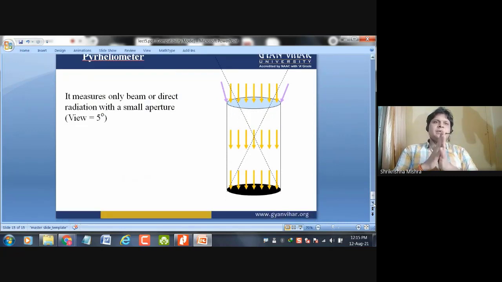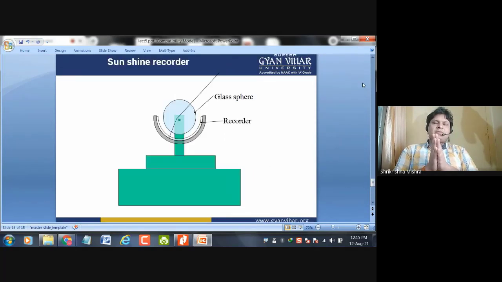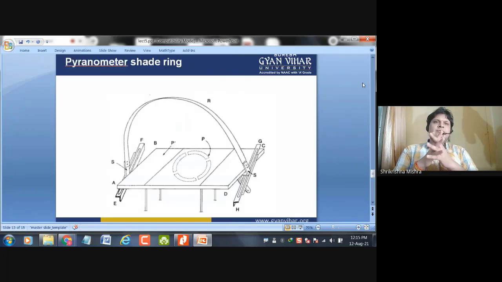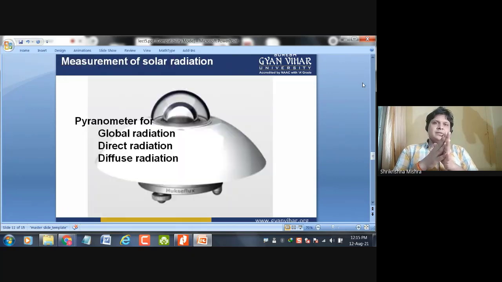Now moving further, students, these were the different types of instruments. I hope you have understood. One was your pyranometer, second is your pyrheliometer, and third is your sunshine recorder. As I have told you, this is the actual diagram of the pyranometer. It measures global radiations, direct radiations, and diffuse radiations.